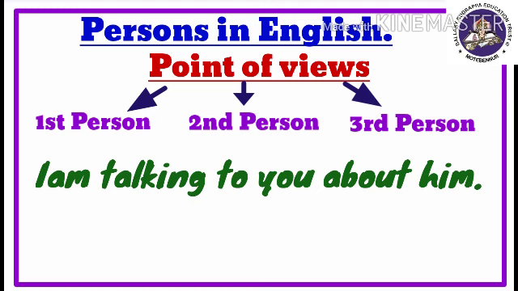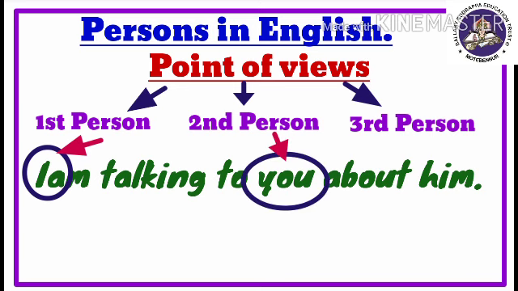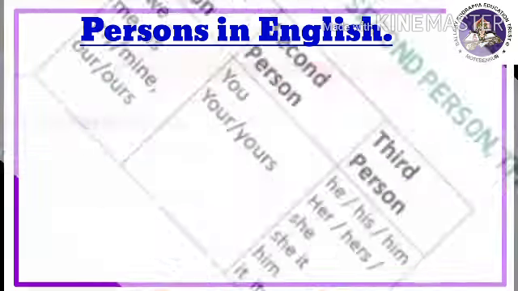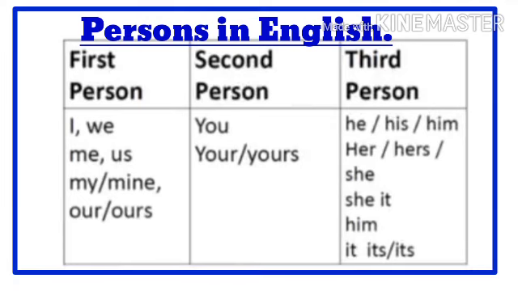In this case, the person who is speaking, that is I, is first person. The person who listens to me, that is you, is second person. And the person about whom I am talking, that is he or him, is considered third person. See the chart given here. Easily you can understand which pronouns are considered first person, second person and third person.